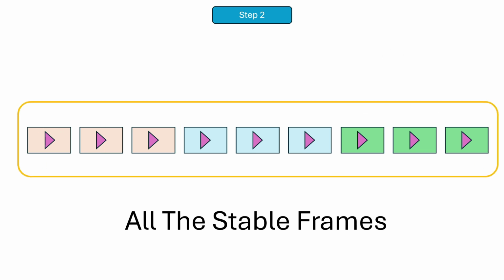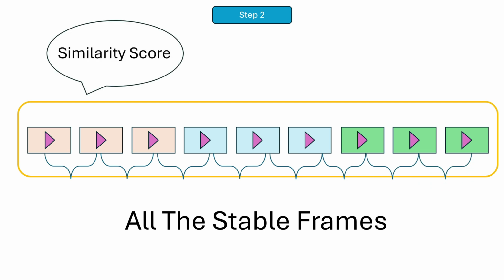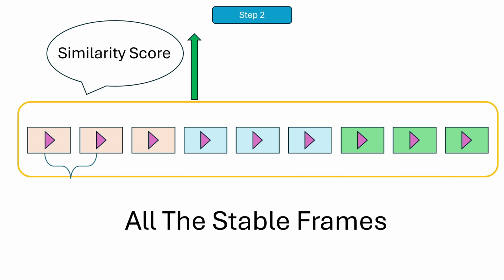Already we have all the available frames from the video. Now what we can do, we can take each and every consecutive frame and we can calculate its similarity score. For example, if 2 frames are identical to each other, then its similarity score will be very high. If they are not identical to each other, then its similarity score will be very low. Using this technique, we will be able to achieve that.